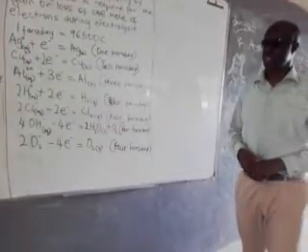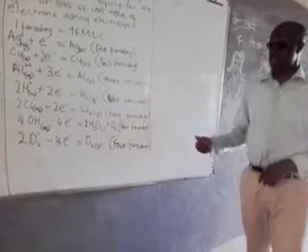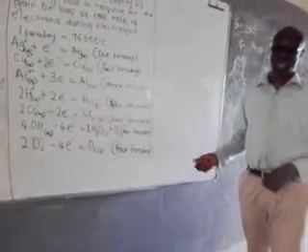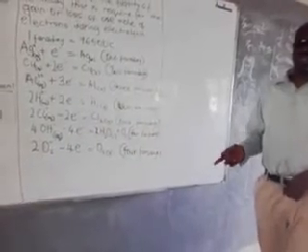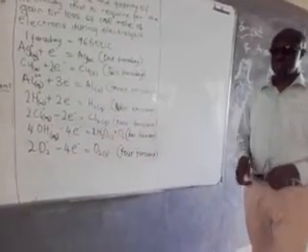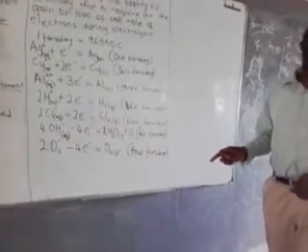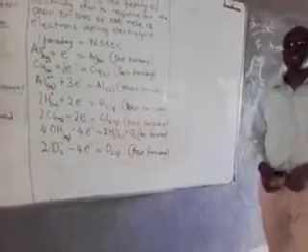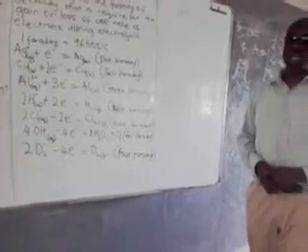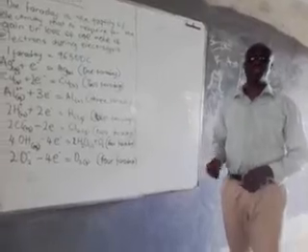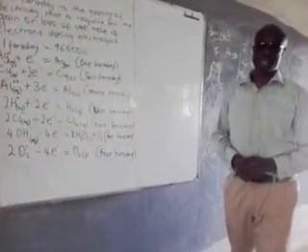So what we have here is 2O2- gives O2 + 4e-. That is, 2 moles of oxide ions lose 4 moles of electrons to give us 1 mole of oxygen gas. And since 4 moles of electrons are involved, we know that 4 Faradays will be required for this.